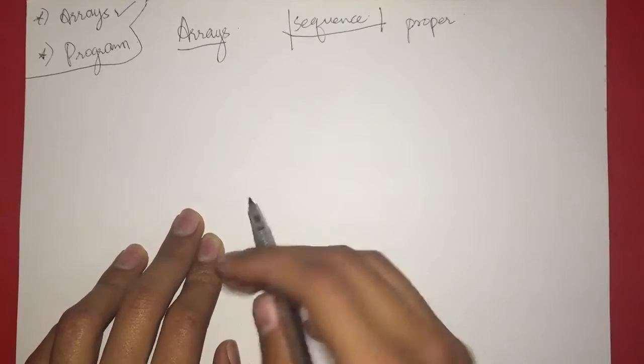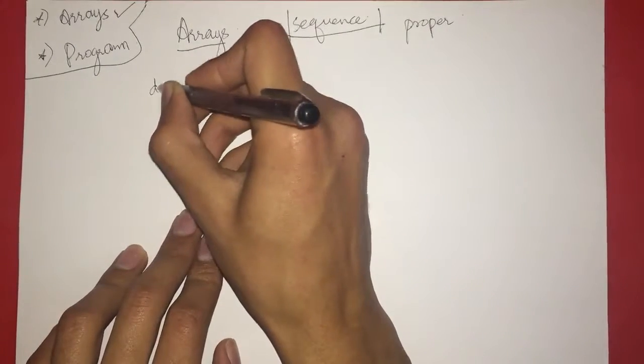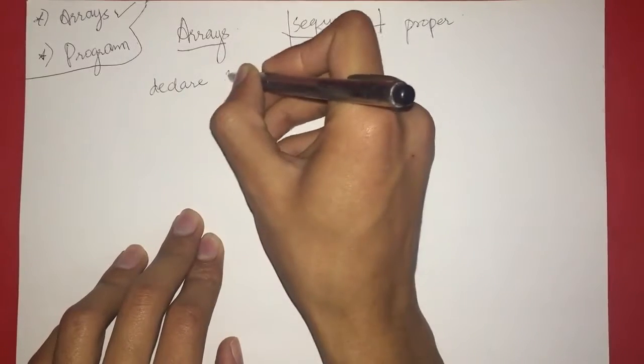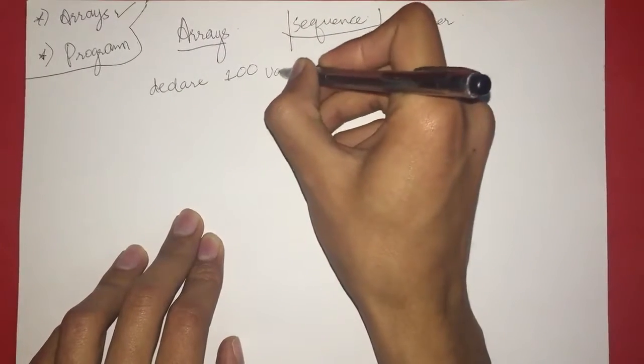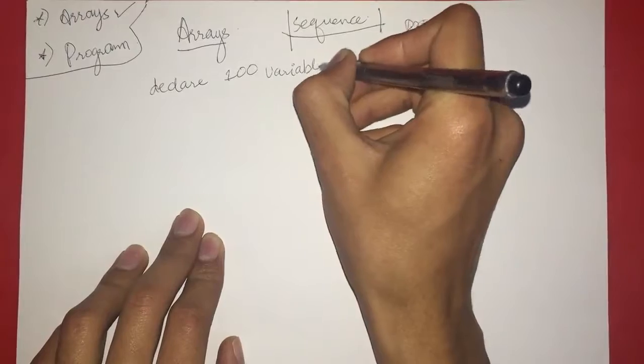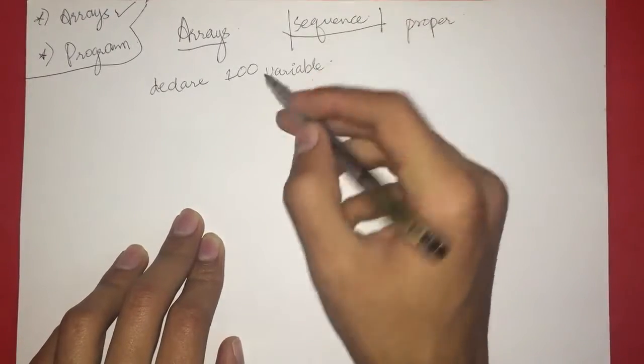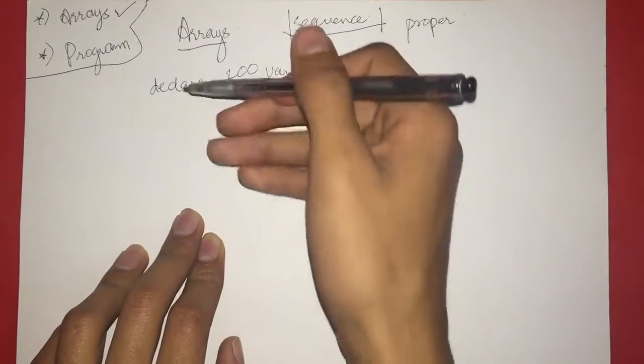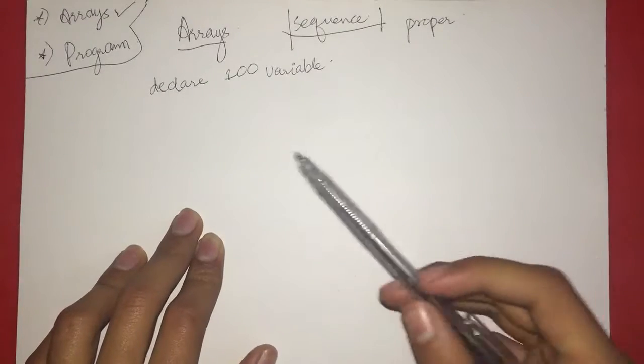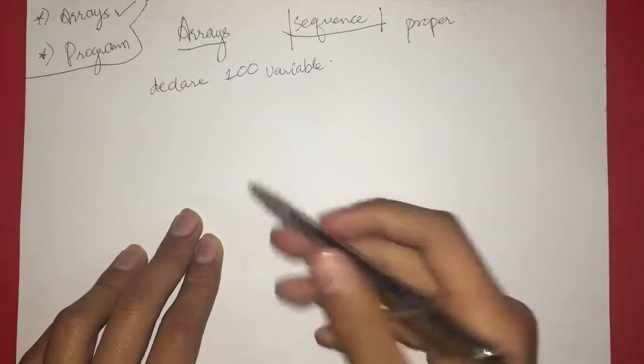How are you going to do that? First you are going to declare 100 variables, and then you are going to do it with a loop, or if you don't want to use a loop, it will be quite a long process.